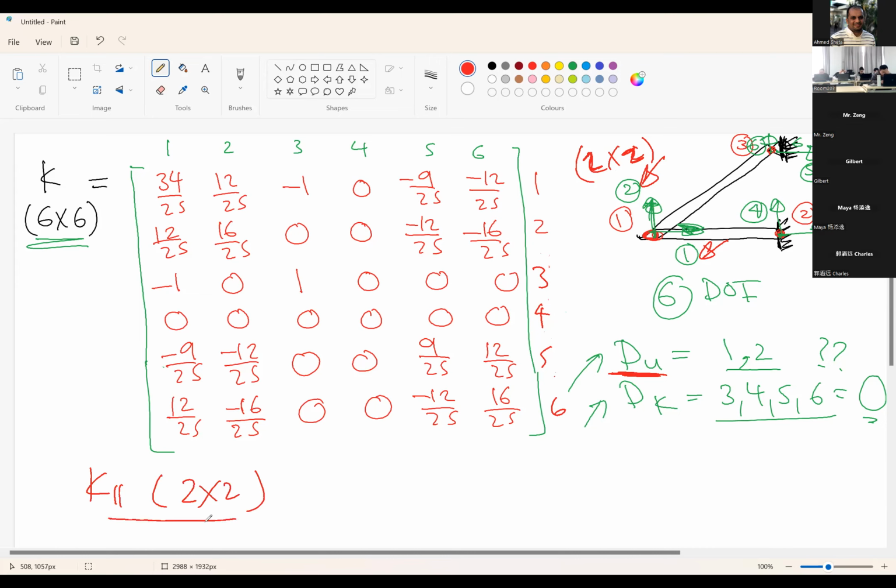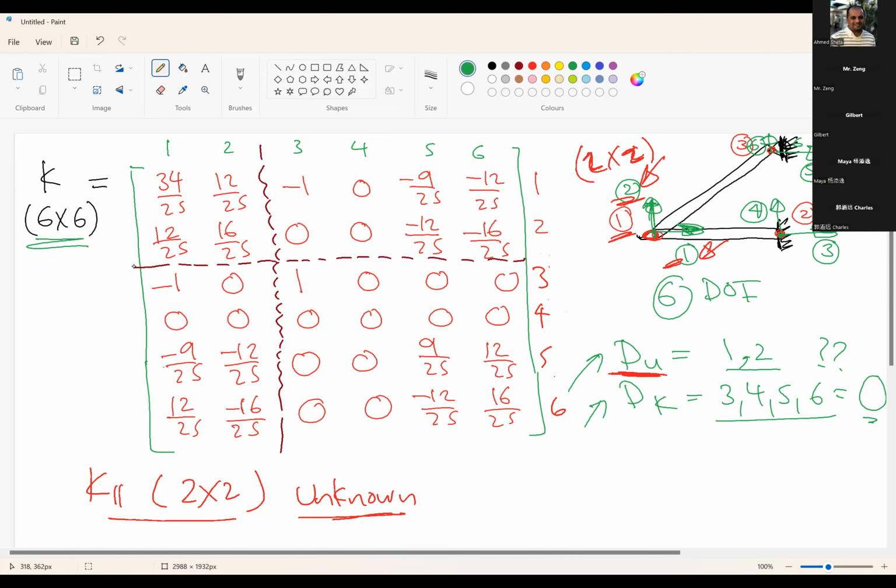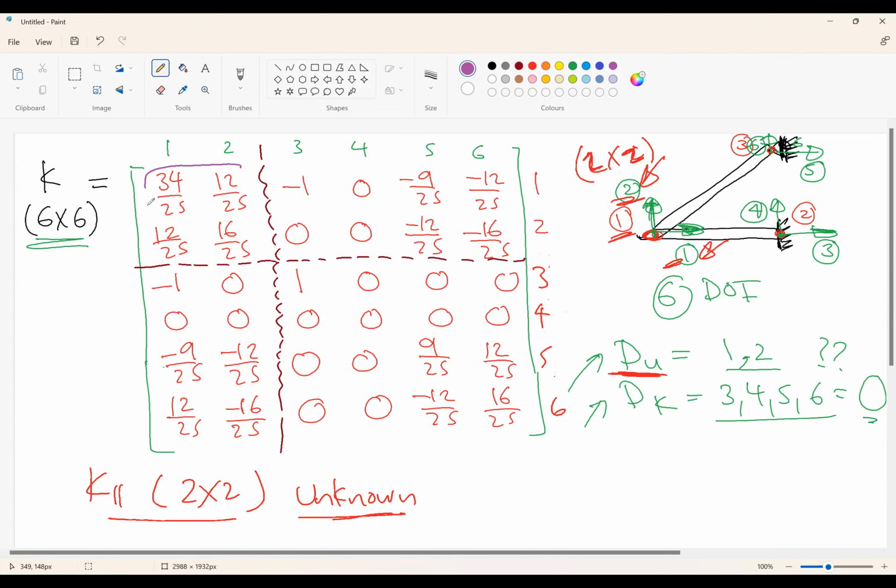Okay. So K11 is the unknown stiffness part of the global stiffness matrix. It will be 2 by 2, and it contains degrees of freedom 1 and 2. So if we go here, this is the member we are looking at. This is K11.